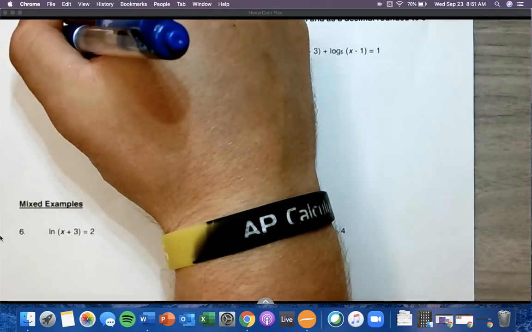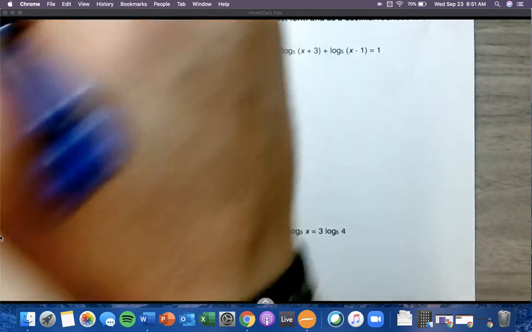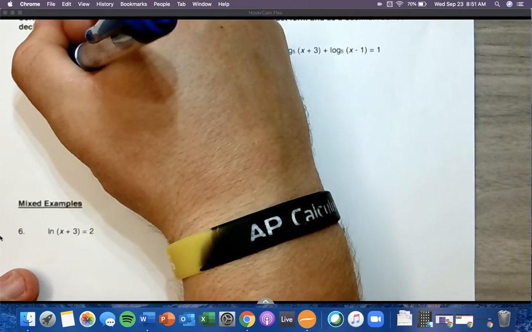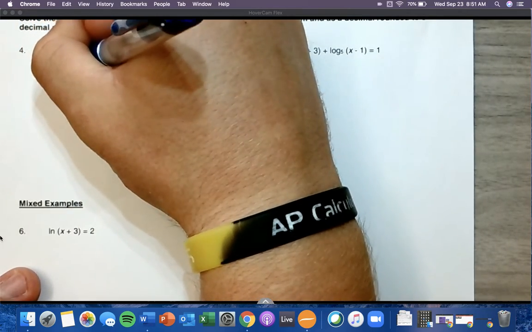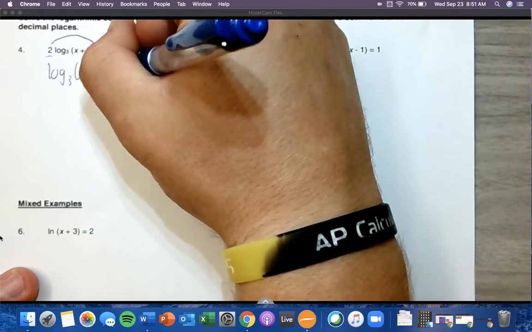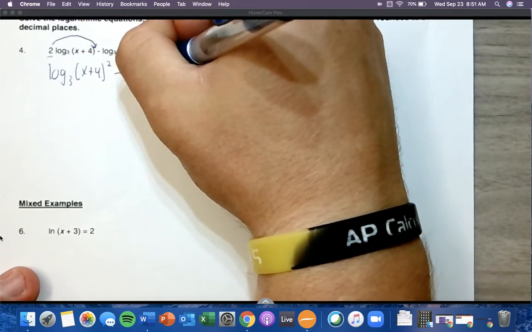So this 2, I'm going to bring to the exponent inside of the logarithm. So this becomes log base 3 of x plus 4 squared, and then minus log base 3 of 9 equals 2.